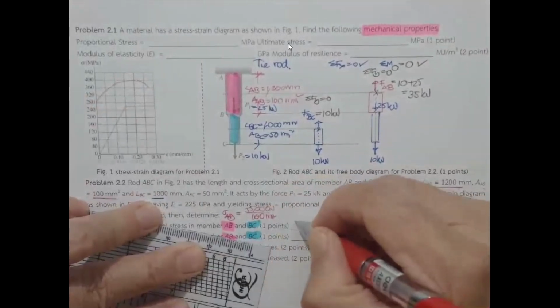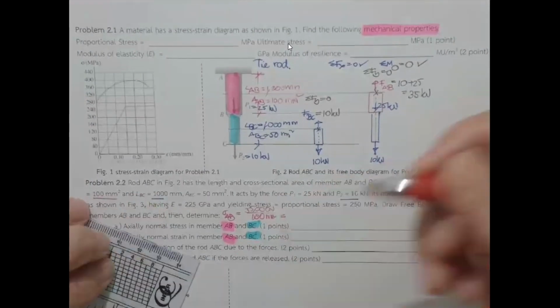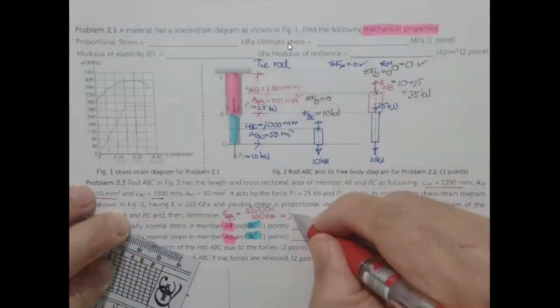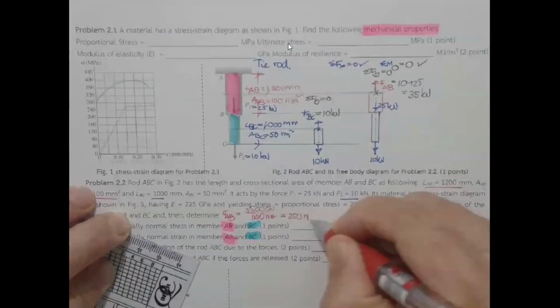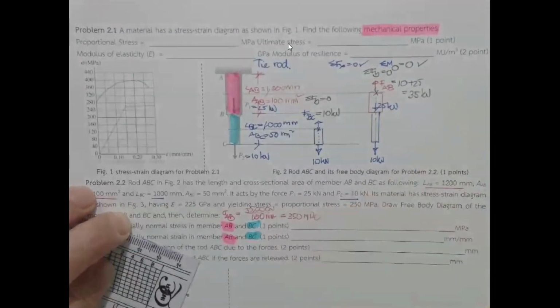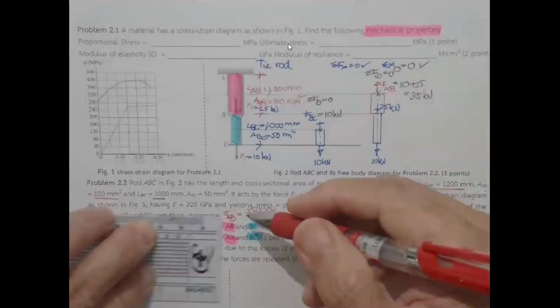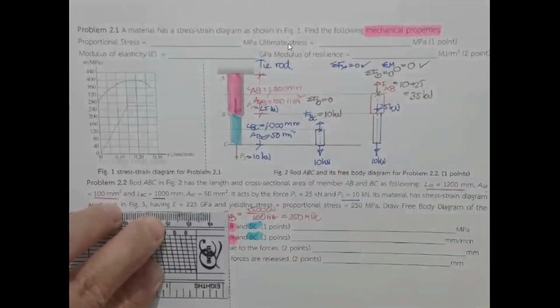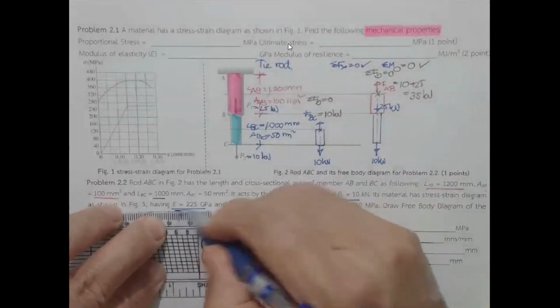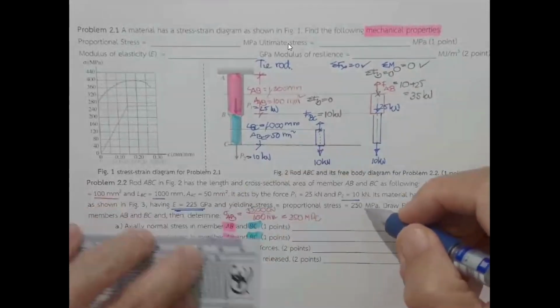You will get sigma sub AB to be 350 megapascal. And then following the data given here, E is 225 gigapascal.